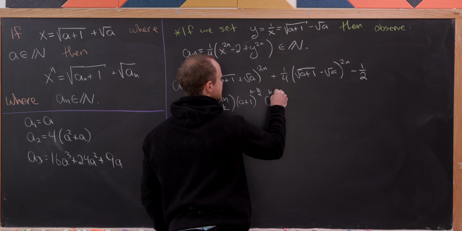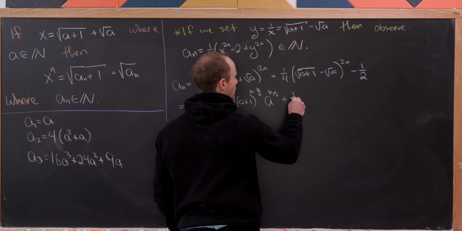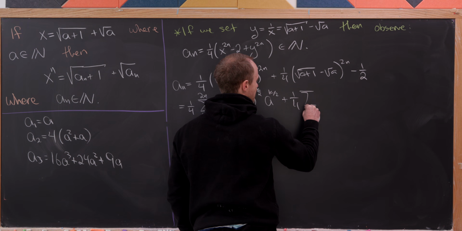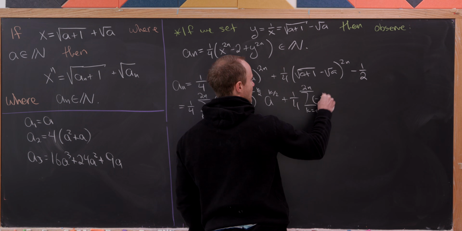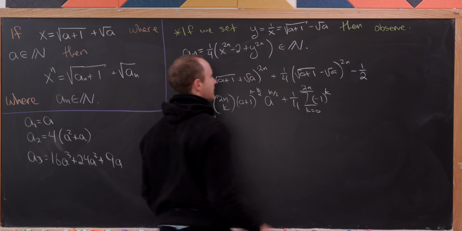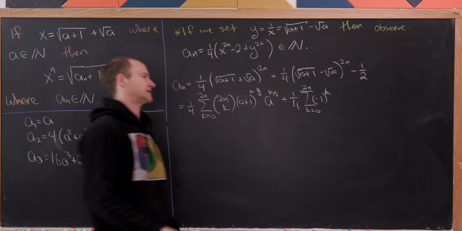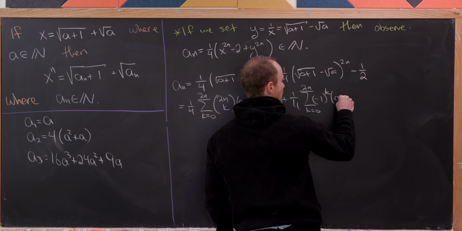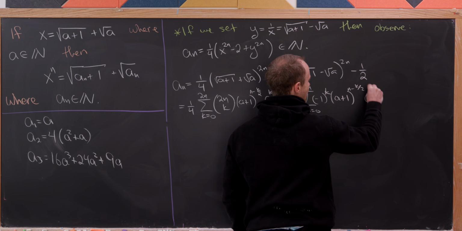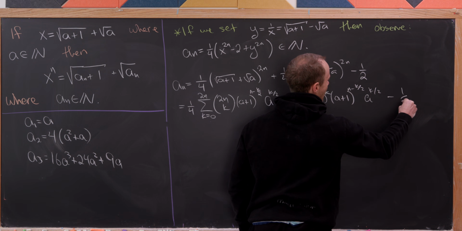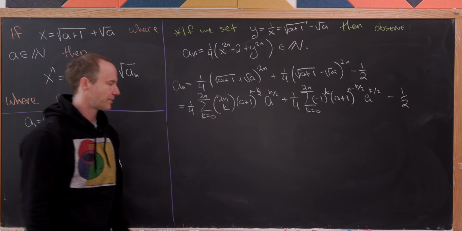And then we'll have a to the k over 2. And then we'll have 1/4, and then the sum as k goes from 0 to 2n of something similar over here, but it's going to be alternating given that we've got this minus sign built in. So let's see. We'll have a plus 1 to the n minus k over 2, and then a to the k over 2, and then from that we need to subtract 1/2.